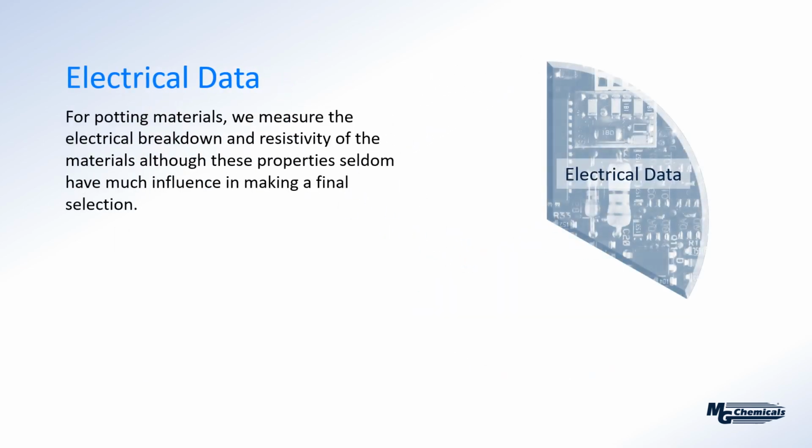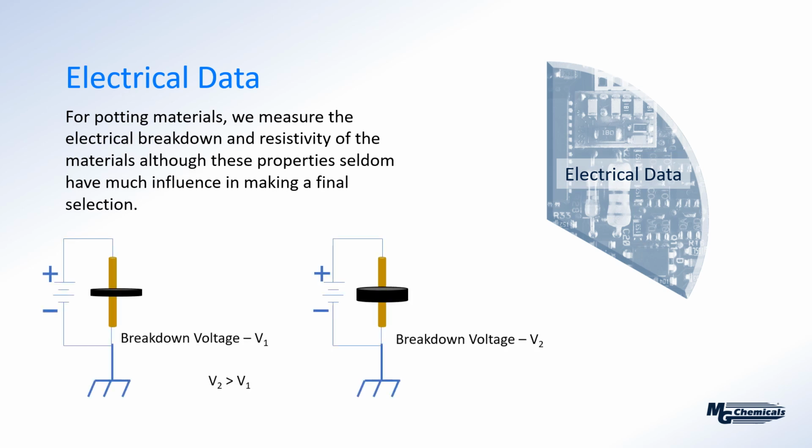And then finally, we measure the electrical data. Truth be told, for potting materials, yes, we measure it, but I don't often find that it has much influence in making a final decision. Typically what people want to know is whether a potting compound can withstand a certain voltage. So we run what's called a breakdown test. A breakdown test is where you make a tiny disc and slip it in between two electrodes.